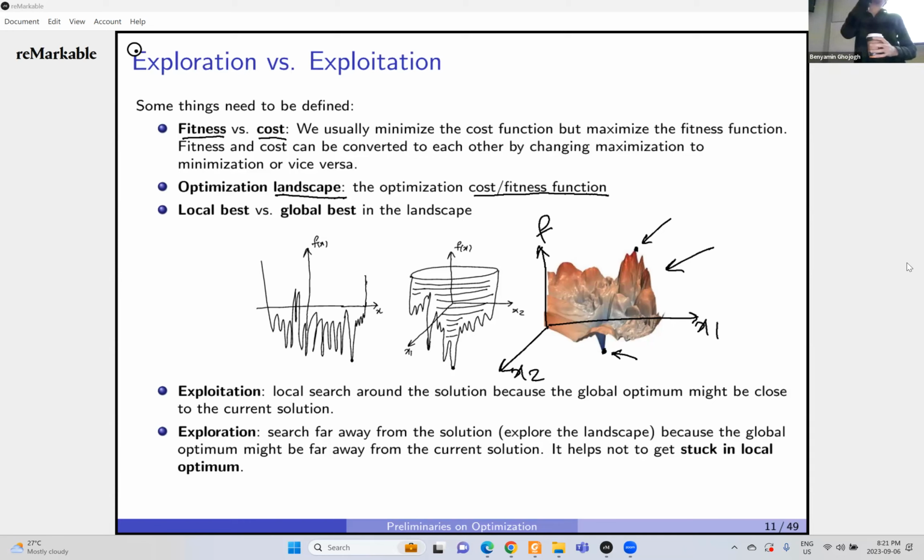So it depends on the algorithm mostly. For example, in classical optimization, gradient descent is for minimization. When you convert your problem, the gradient descent becomes gradient ascent actually. So it depends on whether your algorithm is minimizing something or maximizing something, right?